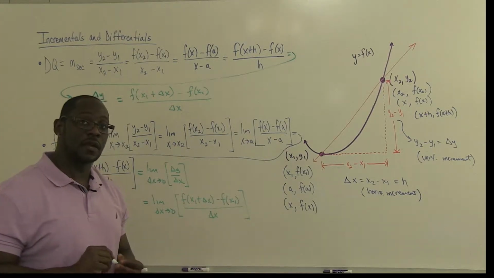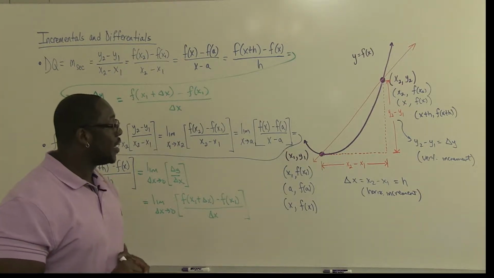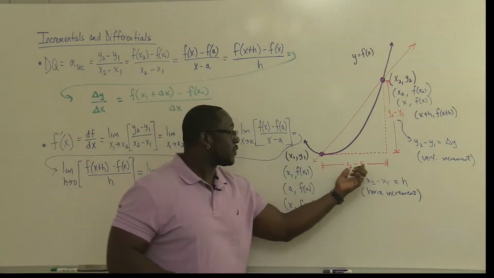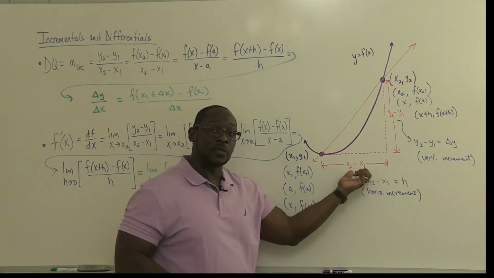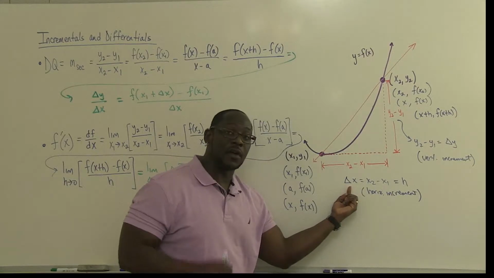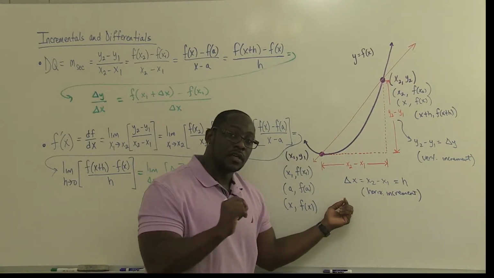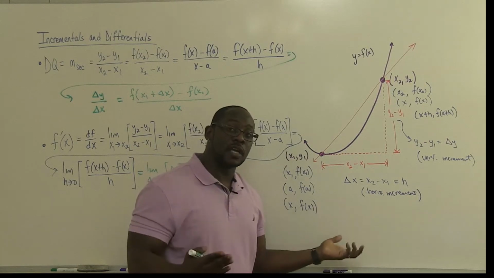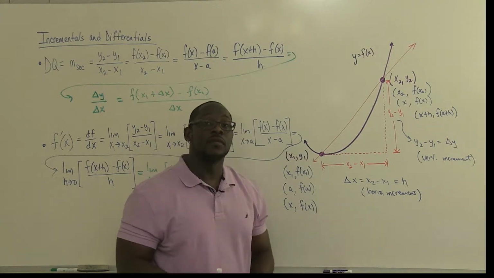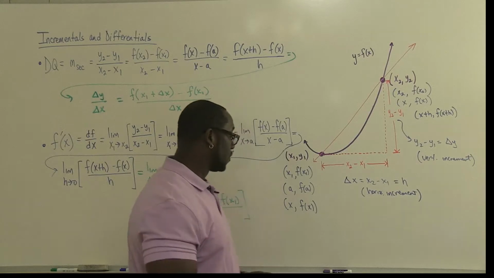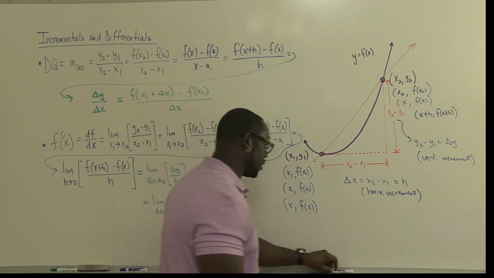Now it turns out that if our difference here between x2 and x1, or put differently, if our delta x is small enough, it could be a good approximation for what the actual derivative would be. Okay? And so in that instance, we say the following.